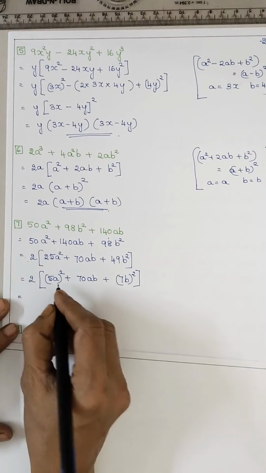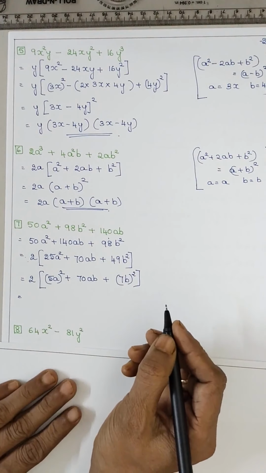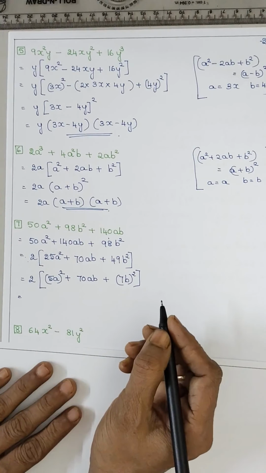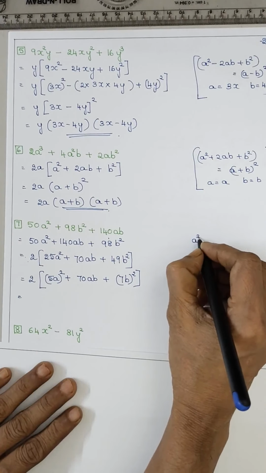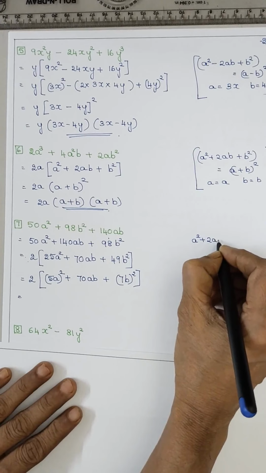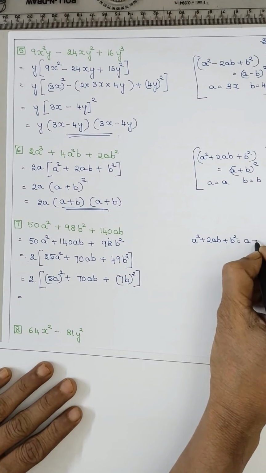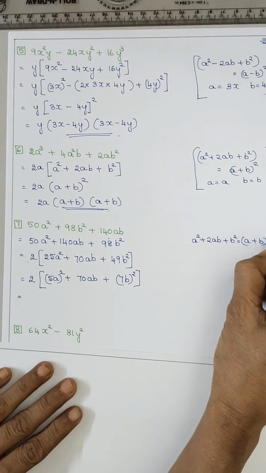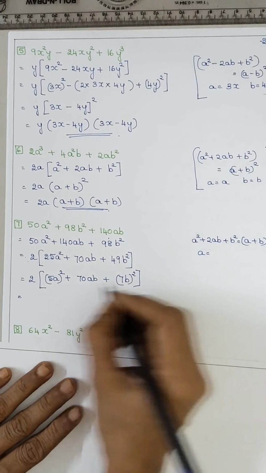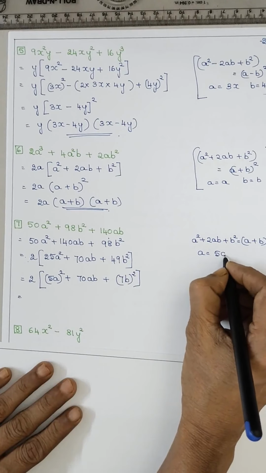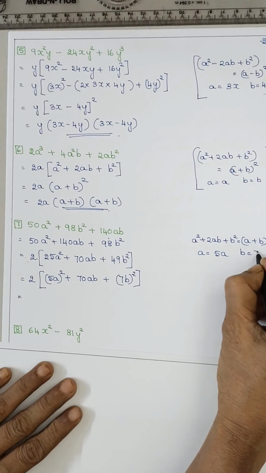Okay. Now this is in the first identity form. Check. a squared plus 2ab plus b squared is equal to (a plus b) the whole square. But here a is 5a and b is 7b.